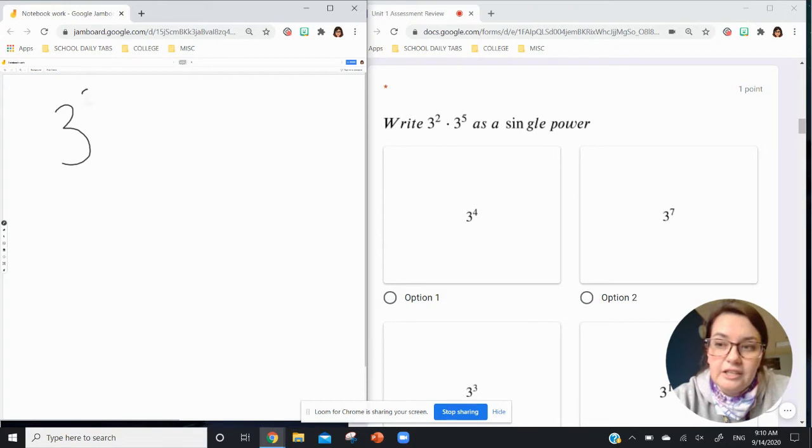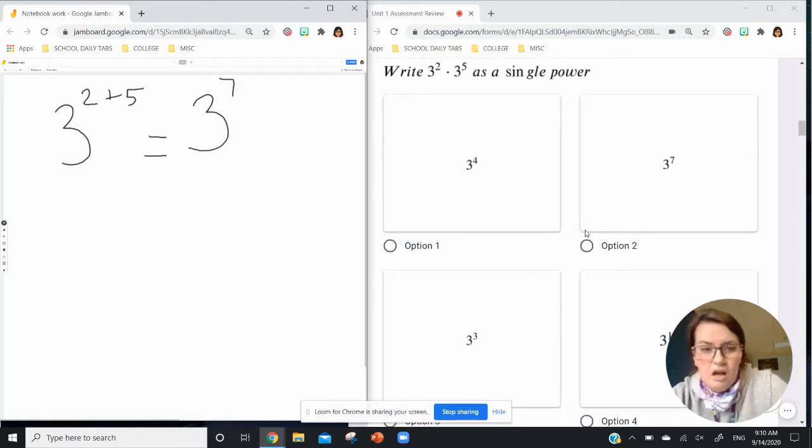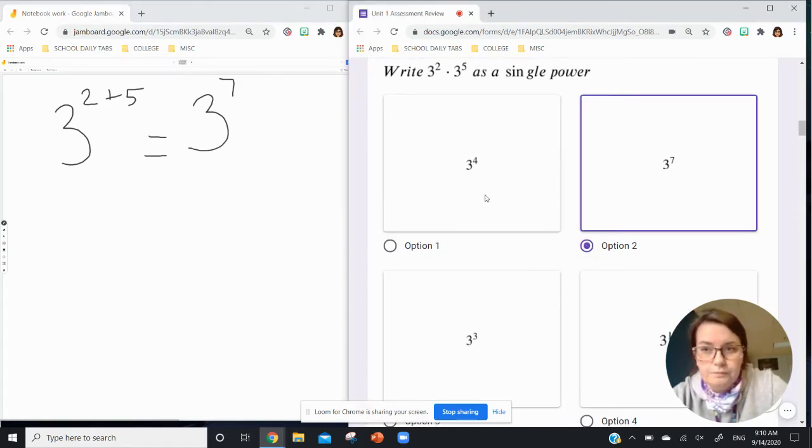It's really like you're doing 2 plus 5. So I would just add the exponents. My base should still be 3, and that's 3 to the 7th. Looks like it should be option 2.